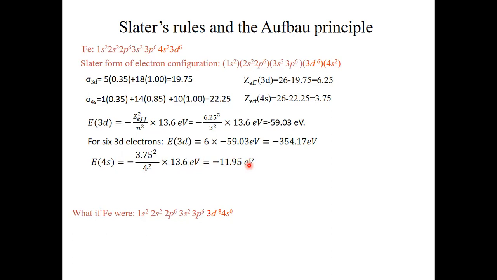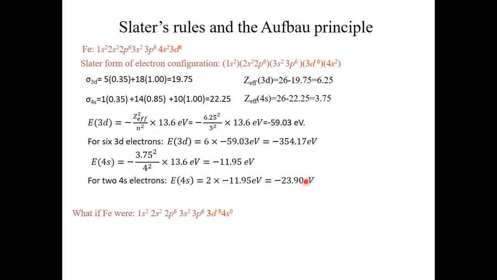We have overall 2 of these electrons, so both 4s electrons have an overall energy of 2 times minus 11.95 electron volts, which is minus 23.90 electron volts.